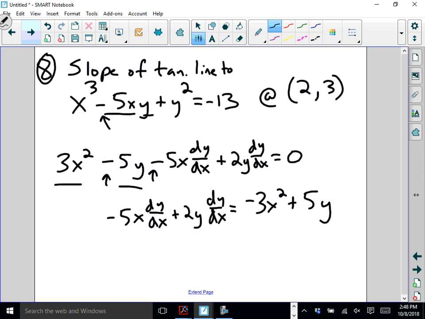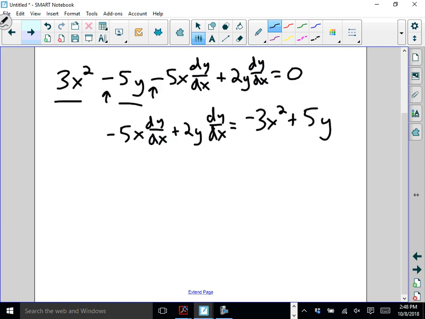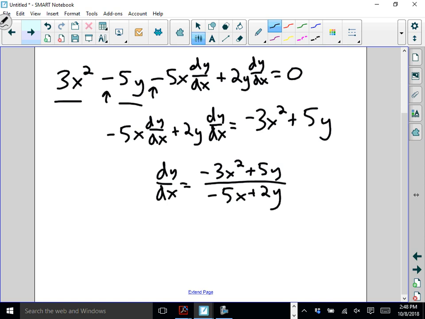I'm doing this all very, very carefully. Now I'm going to factor out my dy/dx and divide. And I'm going to get dy/dx is negative 3x squared plus 5y over negative 5x plus 2y.